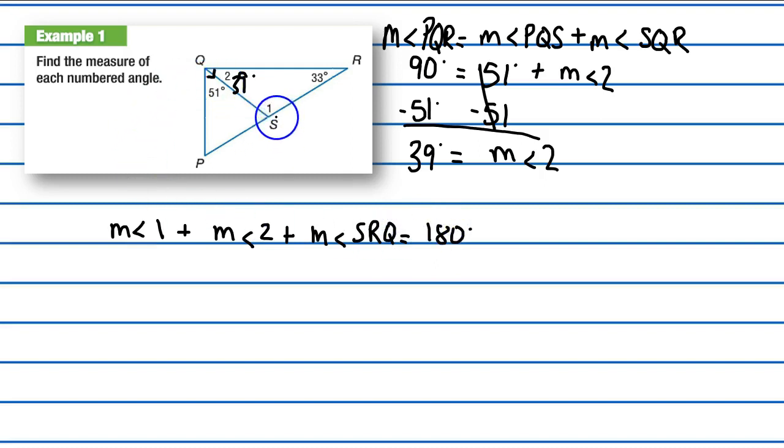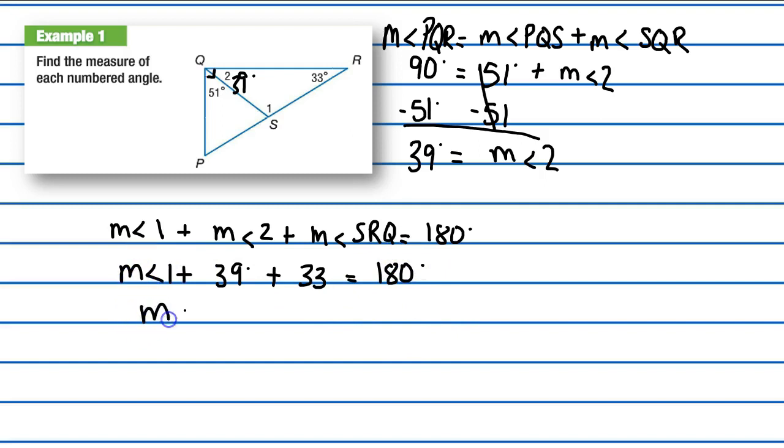The measure of angle 1 we still do not know, so I'm going to leave that, plus the measure of angle 2, which we know to be 39, let's substitute that in, plus the measure of angle SRQ. SRQ is 33 degrees, which is equal to 180 degrees.